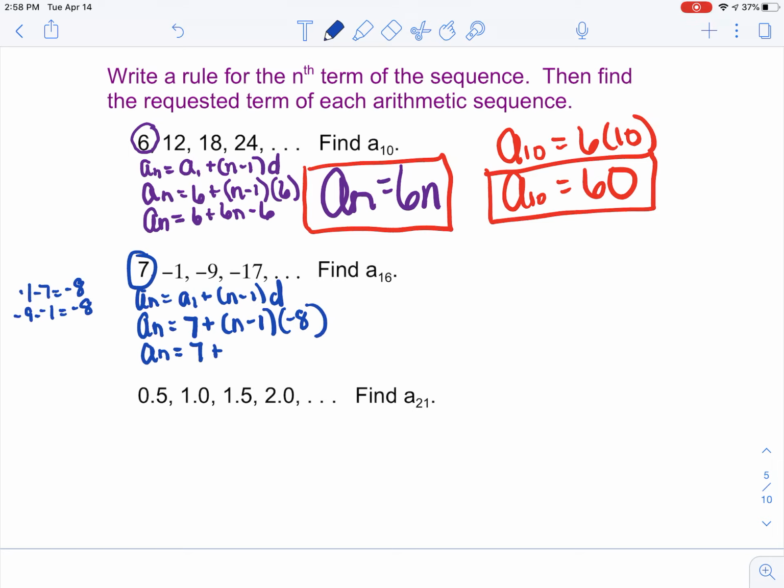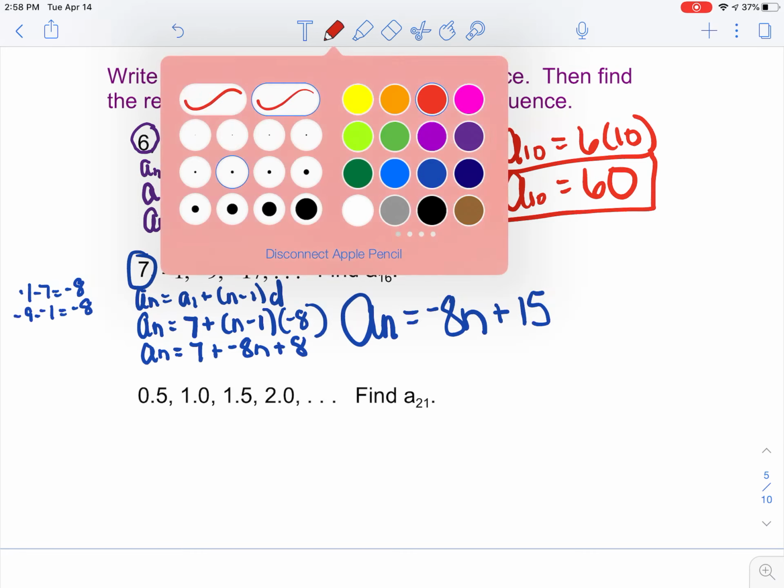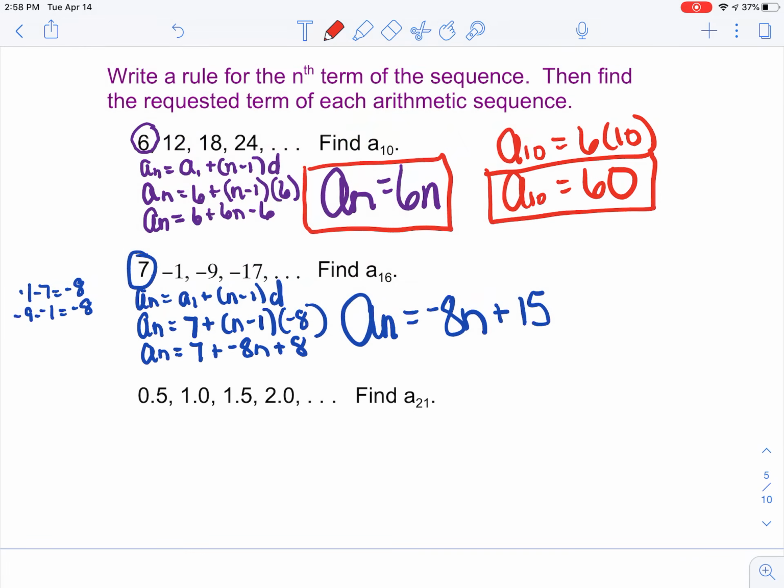A sub n equals 7 plus, I'm doing the distributive property, negative 8n plus 8. So A sub n equals negative 8n plus 15. All right, now I'm looking for the 16th term.